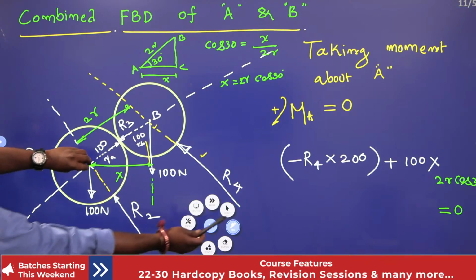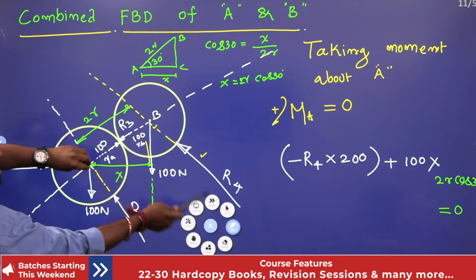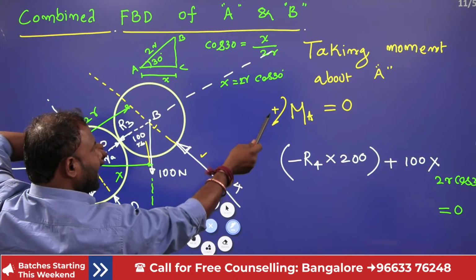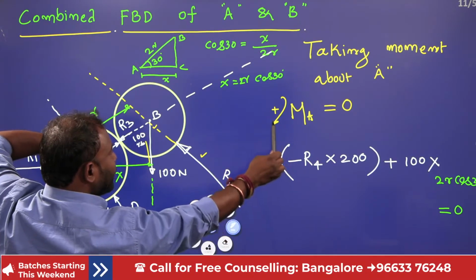If I fix this point and apply R4, it is going to rotate anti-clockwise. That is why clockwise we have taken positive, anti-clockwise we have taken negative.